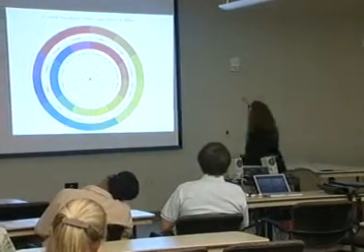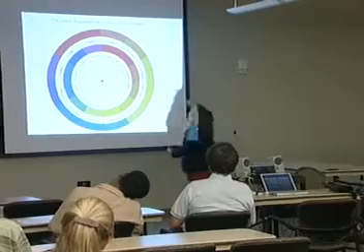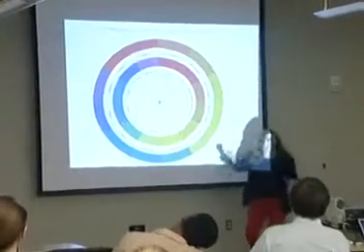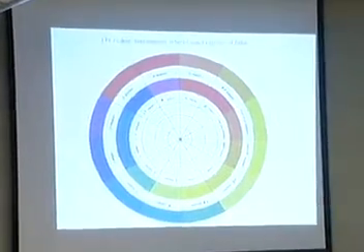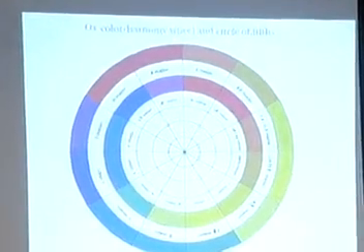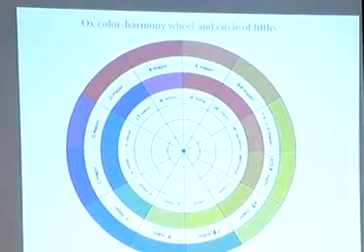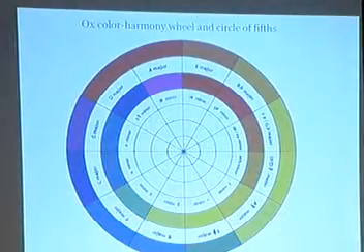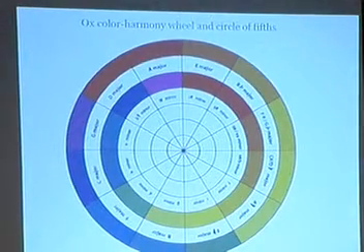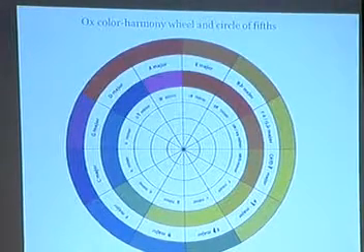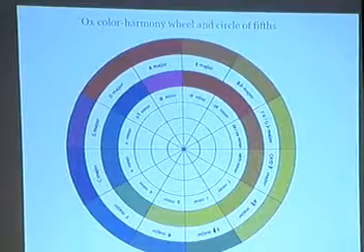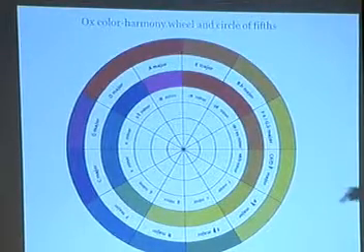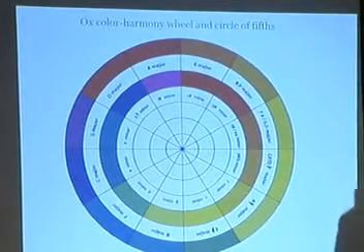So keys which are closely related to each other are next to each other in the circle of fifths, the same as in a color wheel, and keys which are very, very different are opposite on the circle of fifths as in a color wheel. So I just took two systems that were the same, put them together, and made the minor keys 3 steps behind on the inside.